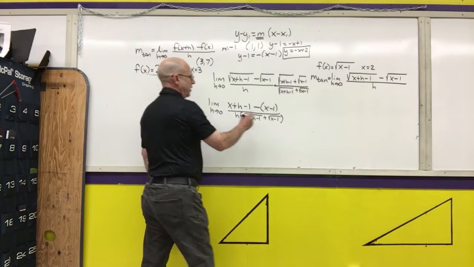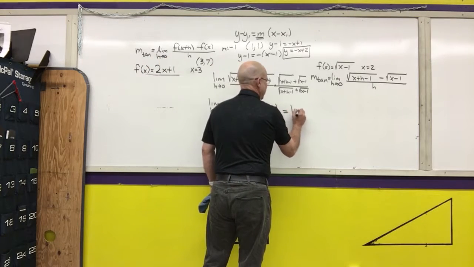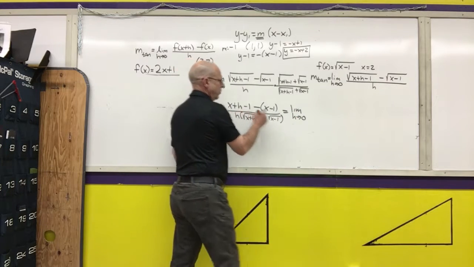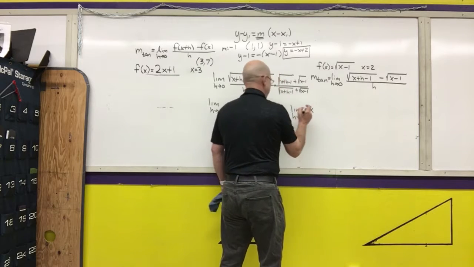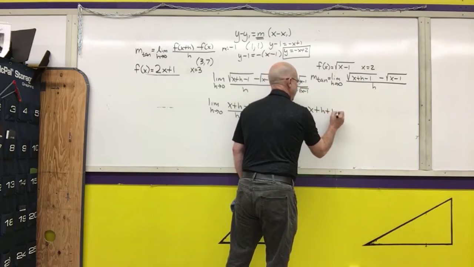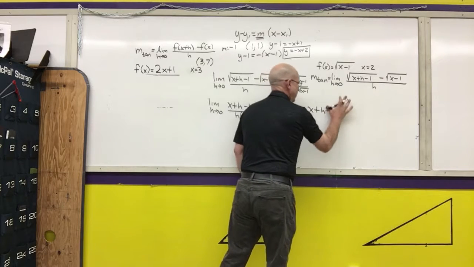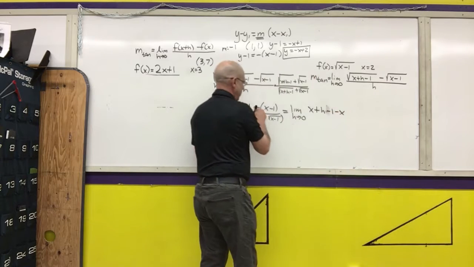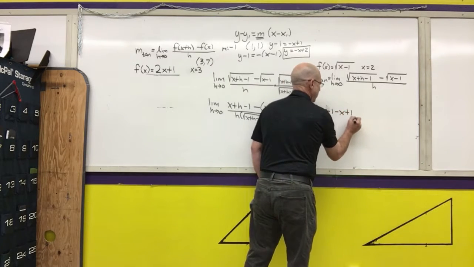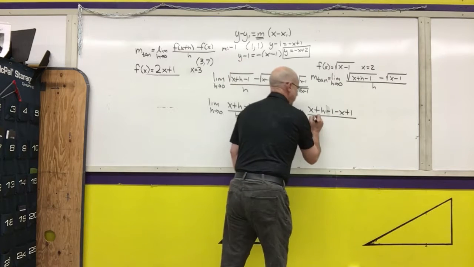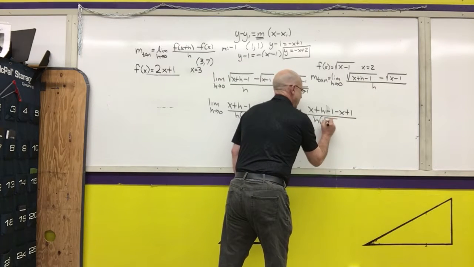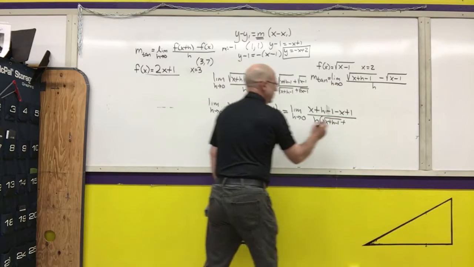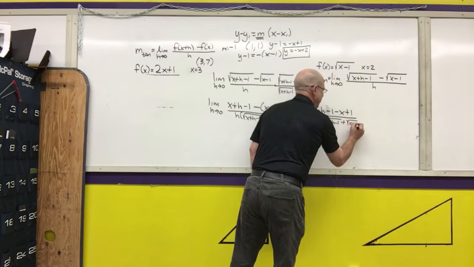I'm now going to simplify the numerator, which is the limit as h approaches 0 of x plus h minus 1, minus x plus 1, all over the square root of x plus h minus 1 plus the square root of x minus 1.